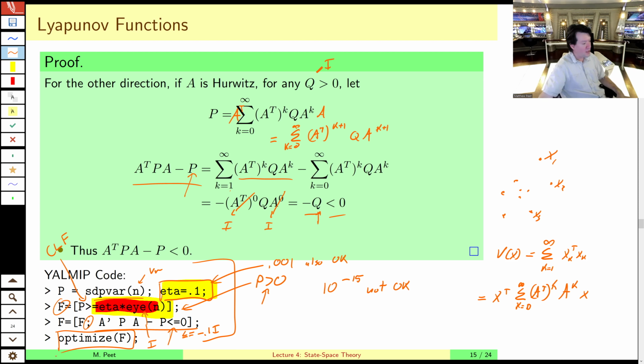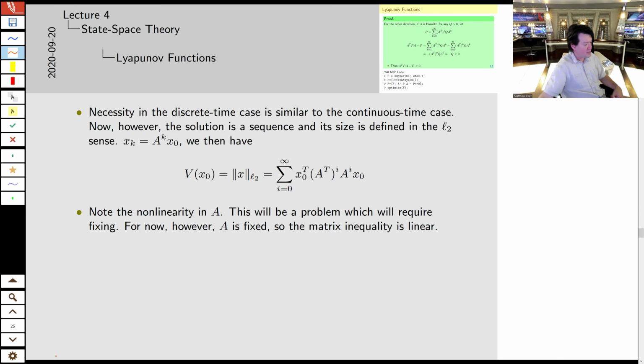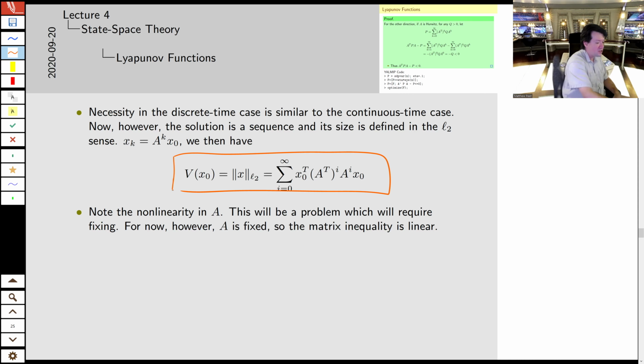Okay, so next, again, what I talked about in the slide. I do mention that unlike the Hurwitz condition, this is actually quadratic in A. A is not a variable, so at this point it doesn't matter. It will become more important later, so we'll have to talk about that.